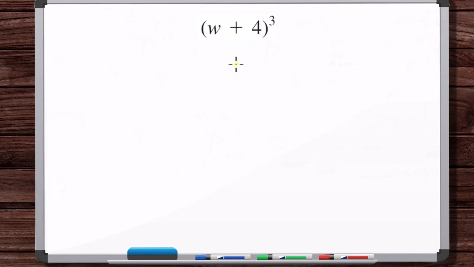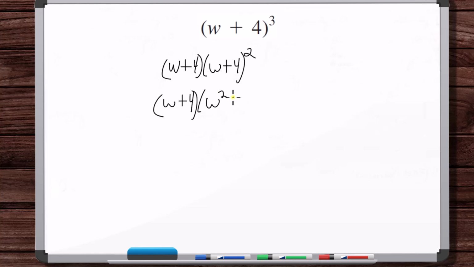Okay, w plus 4 cubed. So we can do this: w plus 4 times w plus 4 squared. Right now, let's square this. We're going to get a perfect square trinomial. So w squared plus 2 times a times b, so 8w, plus b squared. Right? This is a, this is b. Now we just distribute here.